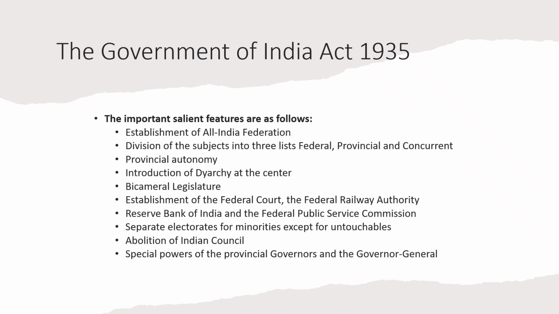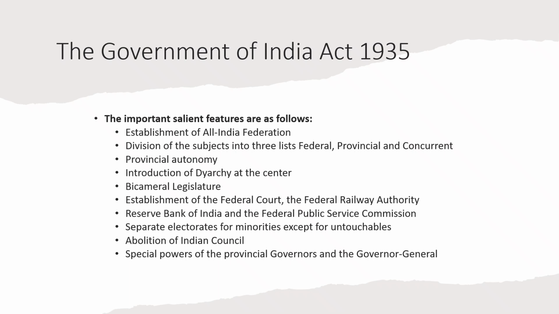First of all, students, it was decided that India would be a federation. Then the subjects were divided into 3 lists: first, federal list, provincial list, and concurrent list. Another important salient feature was the autonomy of provinces. Provinces were granted autonomy. Then diarchy was introduced at the center government.